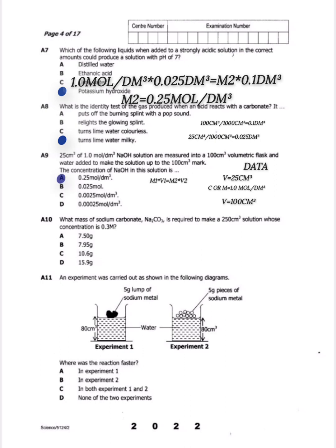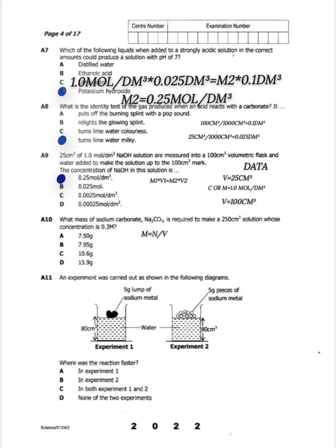Okay, so A10 is saying what mass of sodium carbonate is required to make a 250 centimeters cube solution whose concentration is 0.3 molarity. So I'm going to say concentration is also known as molarity. So molarity is equal to number of moles over volume. Okay, so volume here we need to convert into decimeters cube.